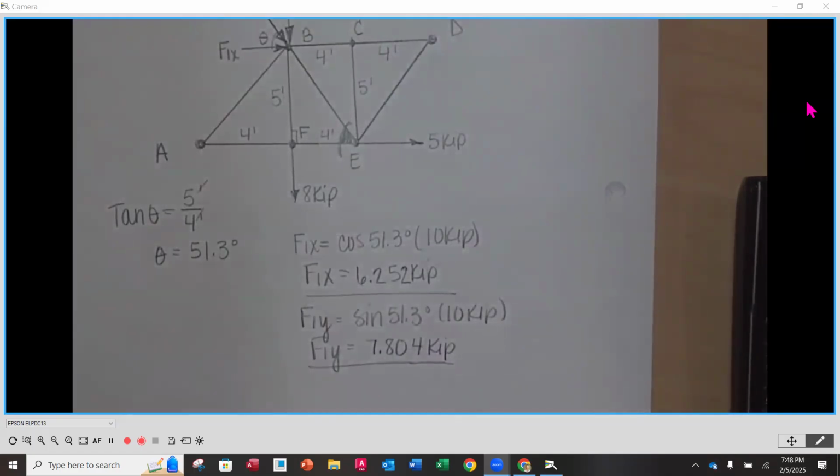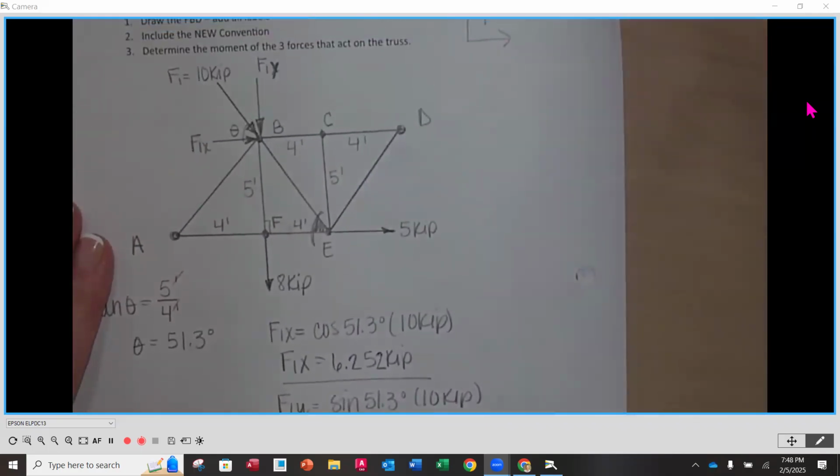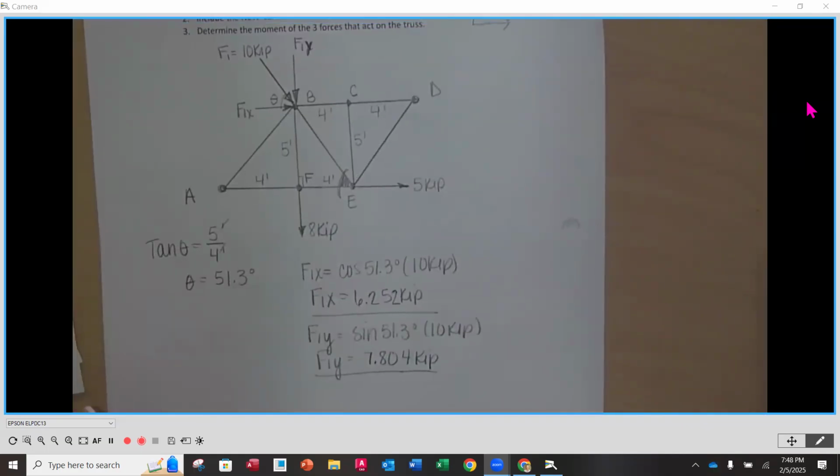I added the extra decimal place. Those are the magnitudes of those two forces. Now that we have those forces broken into their X and Y components, we now can sum our moments around point A first, and then we're going to sum around D. I'll give everybody a chance to catch up.